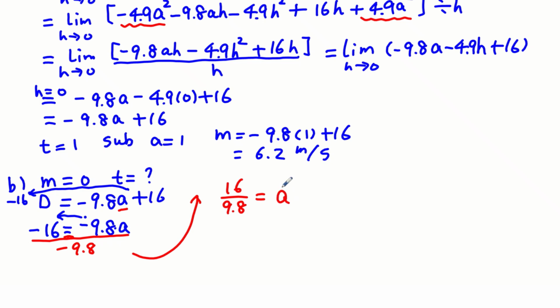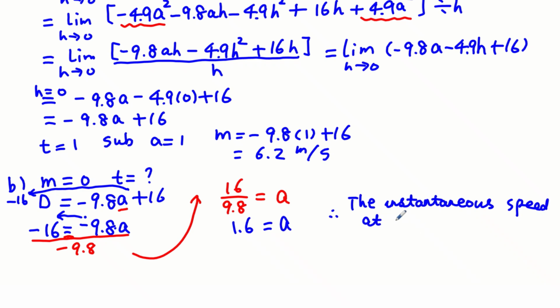When you use your calculator, you will be able to find out when the speed will be 0. So we use the calculator, and we find it's around 1.6 seconds. So therefore, we are going to write the instantaneous speed at 1 second is 6.2 meters per second.